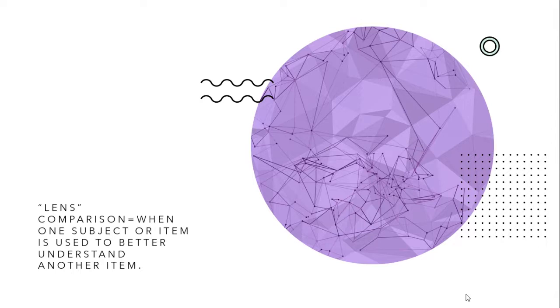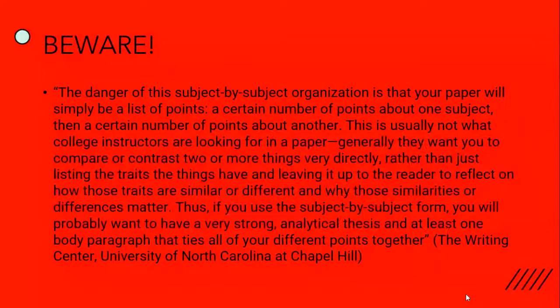And when you do this kind of comparison, when you do a lens comparison, that's the type of thing that generally lends itself better to this subject by subject kind of structure. But there are great dangers with the subject by subject structure. The danger of this kind of organization is that your paper might simply be a list of points, a certain number of points about one subject, then a certain number of points about another.